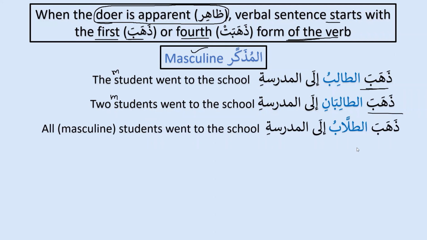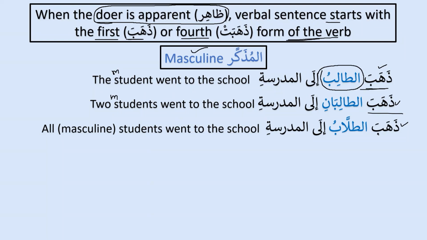So this is the most beautiful part of the verbal sentence, where we can see that when the doer is apparent, when the doer is outside, when the doer is ظاهر, then for the singular, for the dual, and for the plural masculine, the verb ذهب will be used.